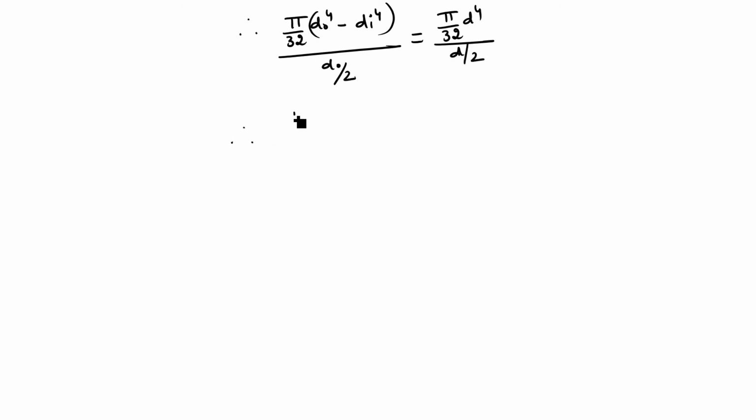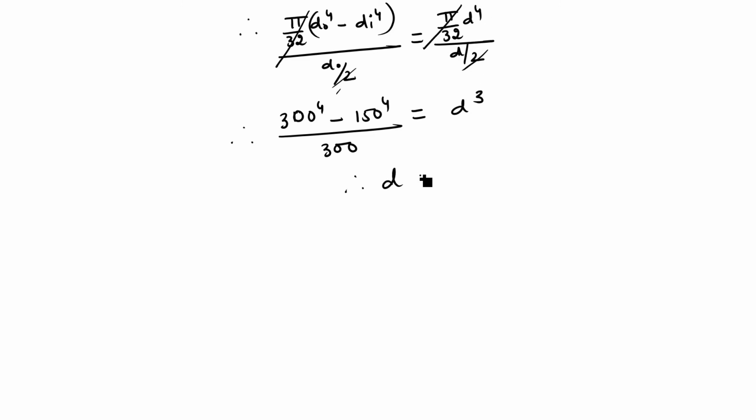Therefore, pi by 32 will get cancelled on both the sides and by 2 will also get cancelled on both the sides. So I will be left with do, that is 300 raised to 4 minus 150 raised to 4 upon this value of do, d raised to 3.